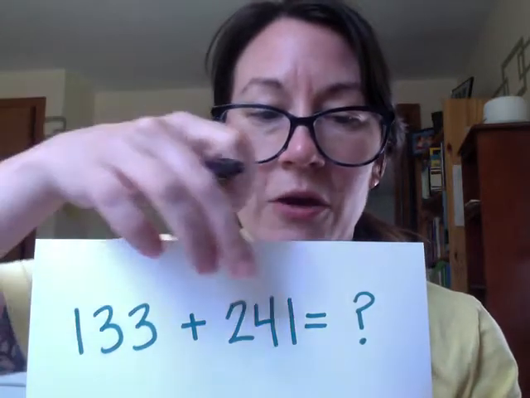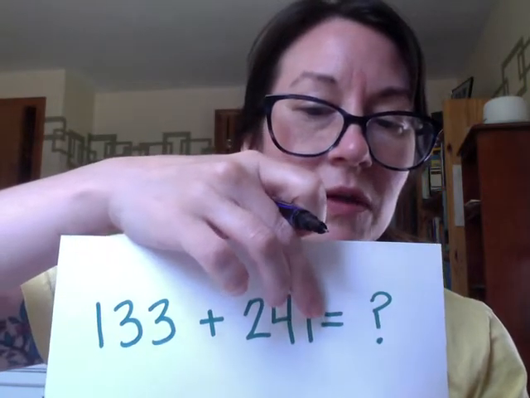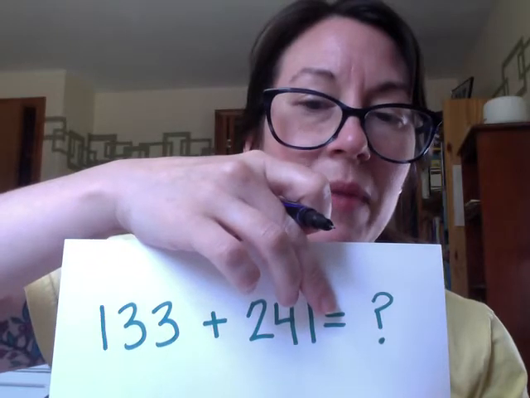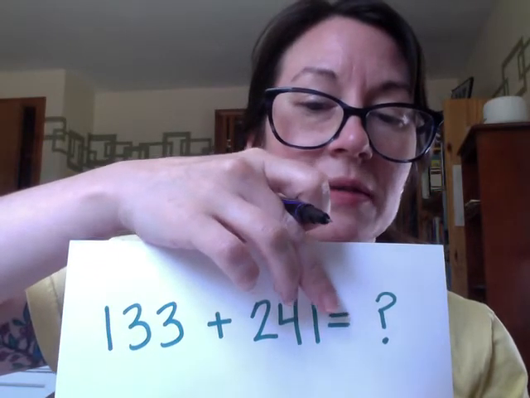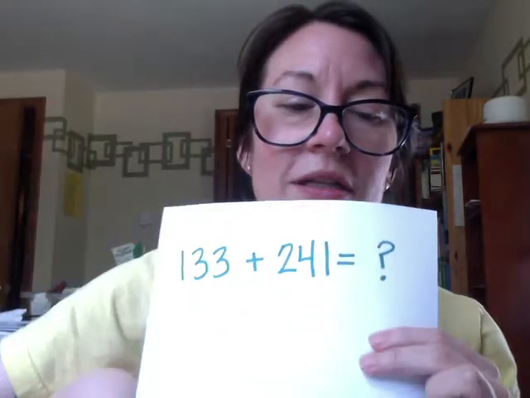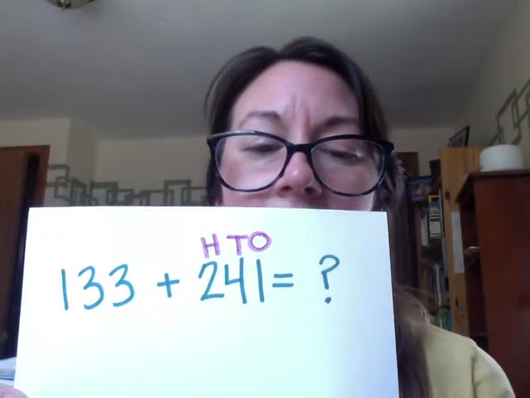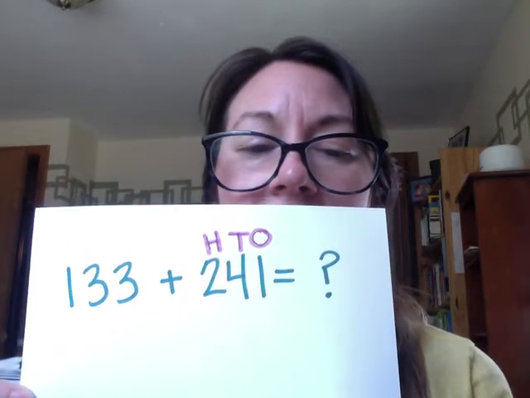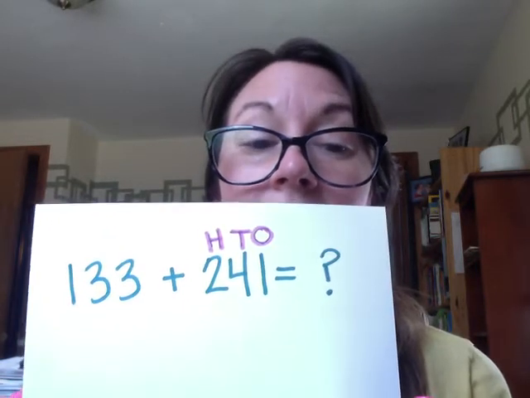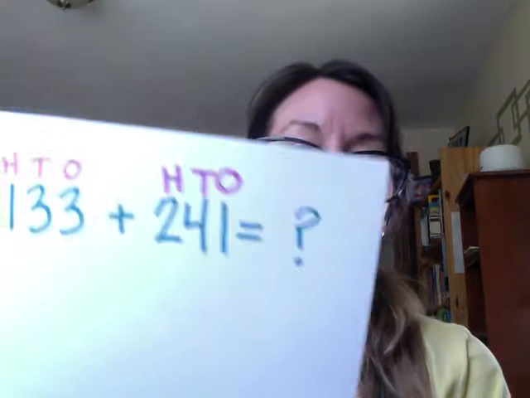I always start with the number over here, and I know that's my O, and then I can just mark each digit. Let me go ahead. I'm going to mark these for us. Here we go. I marked my first HTO. Ooh, I better mark my other one. There we go.